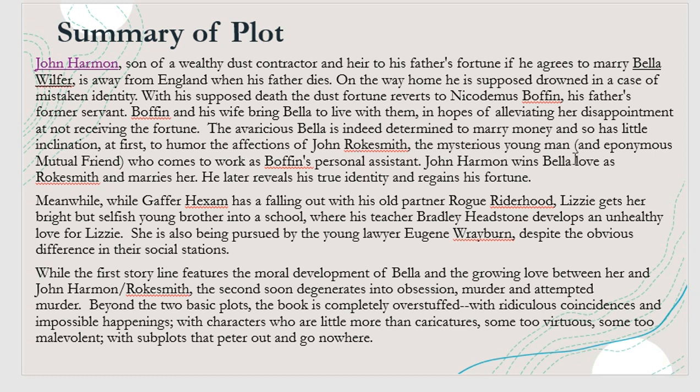John Harmon wins Bella's love, and that's the real dramatic action that really stands against everyone's wish, except John Harmon, who is John Rooksmith, and she already fell in love with him and later married Harmon. He later also reveals his true identity and regains his fortune.